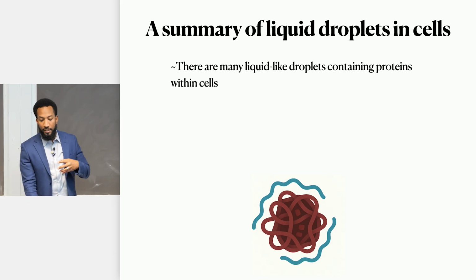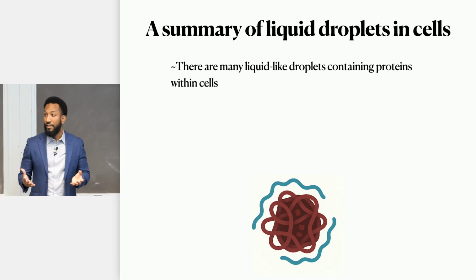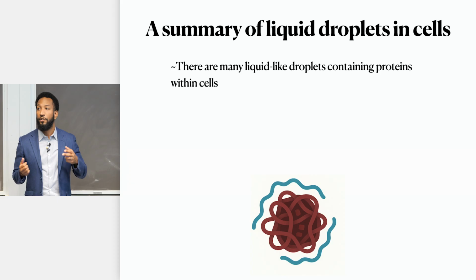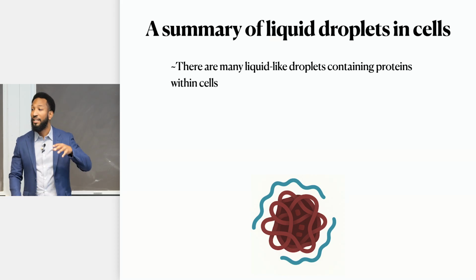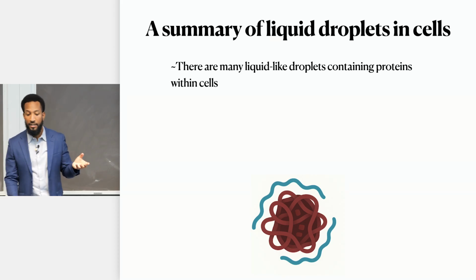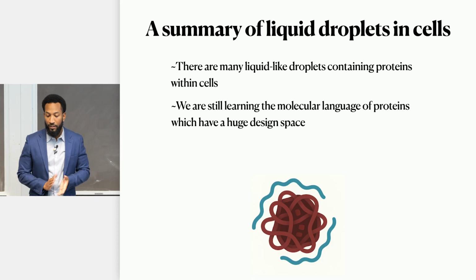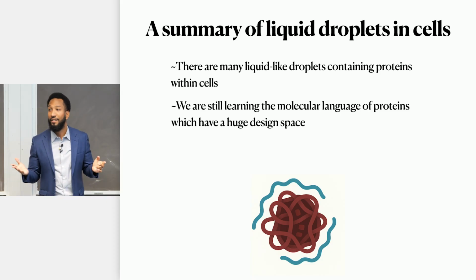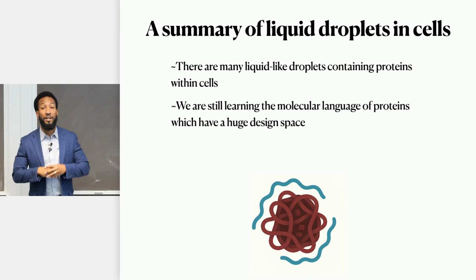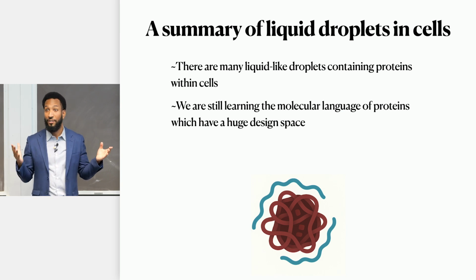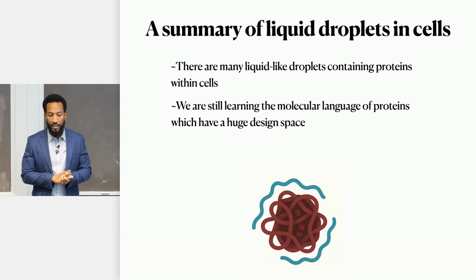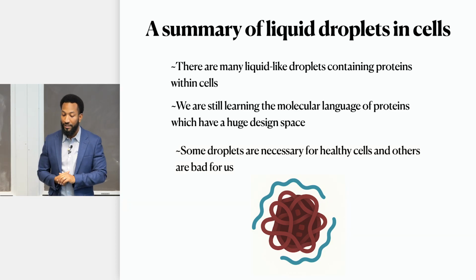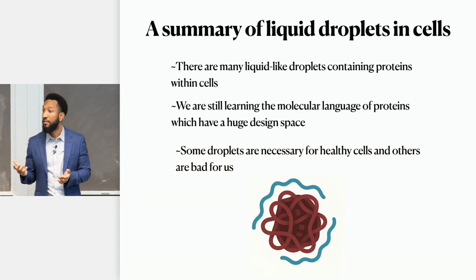So there are many liquid-like droplets containing proteins within cells. I told you about one main one that is in algae, the pyrenoid. We're still learning the molecular language of proteins, which has a huge design space, potentially much larger than the number of atoms in our universe. And there's also some droplets that are necessary for healthy cells.